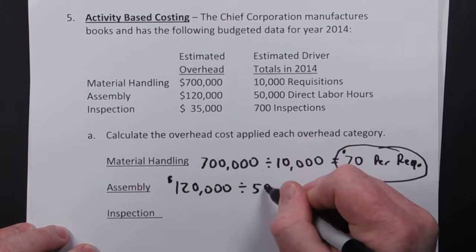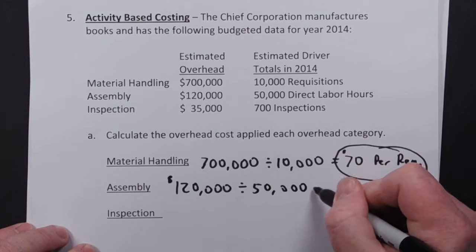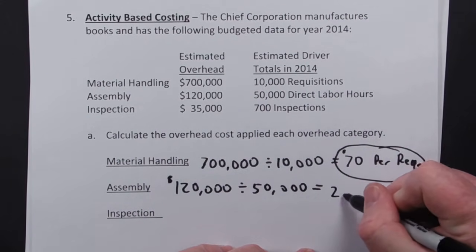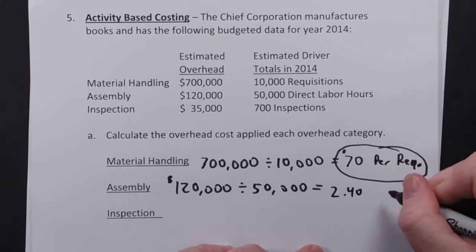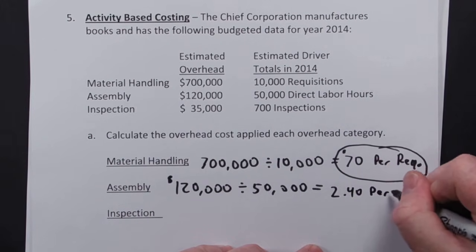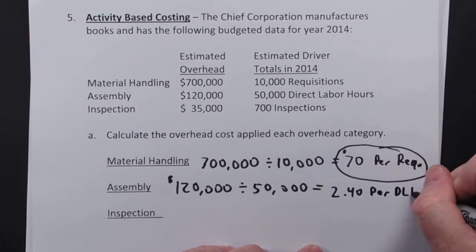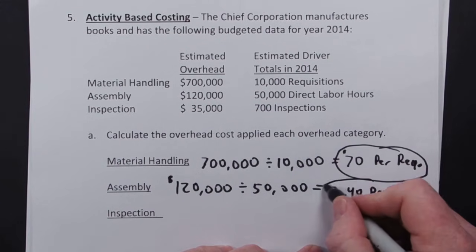Again, we're not saying that you can't use direct labor hours. Sometimes they're appropriate to use, so we're just saying we don't use them for everything. So $2.40 per direct labor hour.